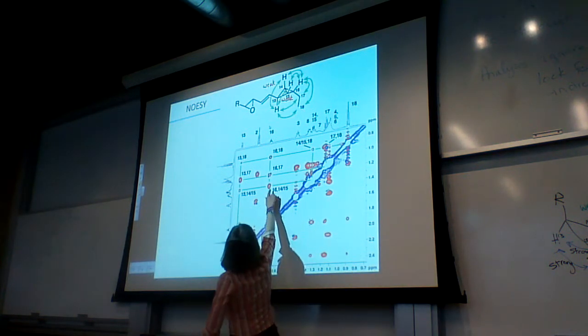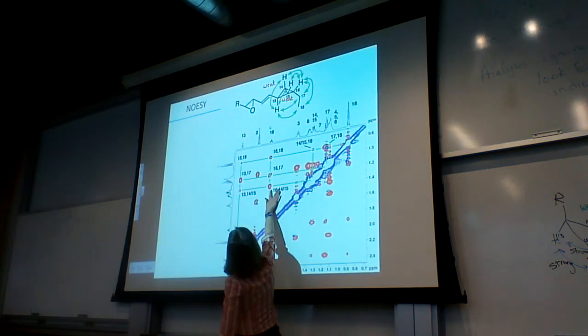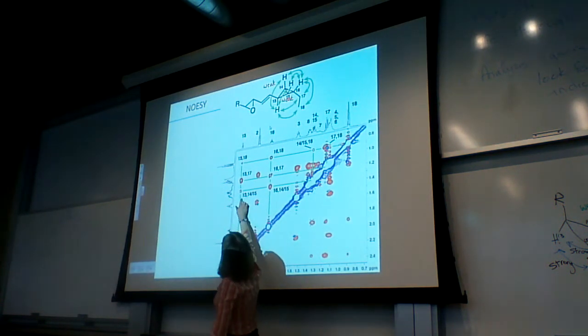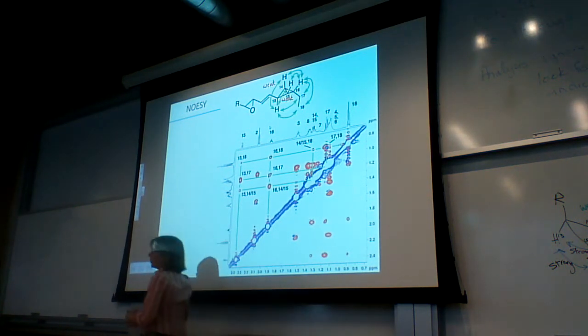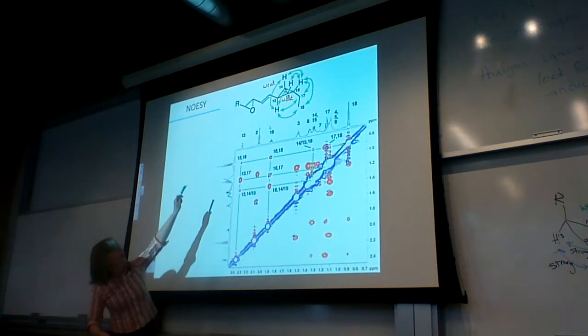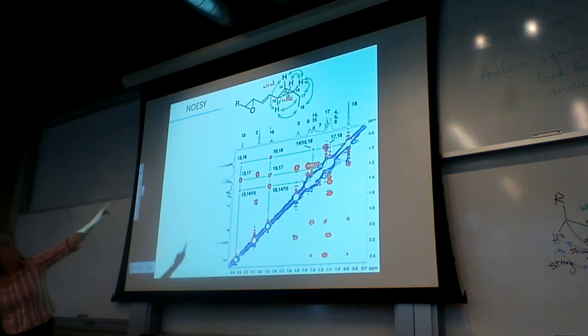So they saw 14 and 15 and 16 to have very strong NOEs, and the 13 to 14, 15 to have a weaker NOE. And so this supported their conclusion that they got the structure on the screen rather than on the board.